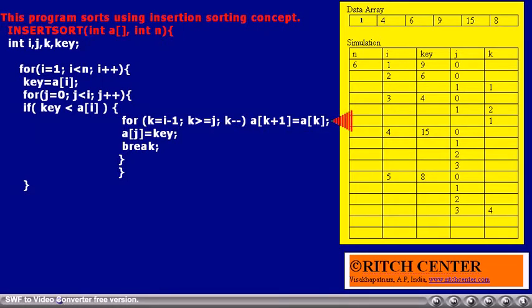Initial value of k is taken as I minus 1, that is 5 minus 1, 4. A of k plus 1 is equal to a of k is executed. Thus, 15 is stored in a of k plus 1. K value is 4. So, a of 5 becomes 15.